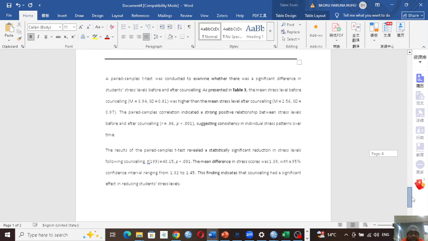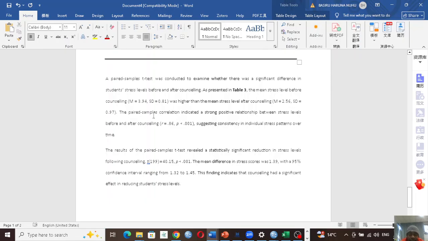A paired sample t-test was conducted to examine whether there was a significant difference in student stress level before and after counseling. As presented in Table 3, the mean stress level before counseling was this, with standard deviation this, was higher than the mean stress level after counseling, mean of this, and then standard deviation of this.